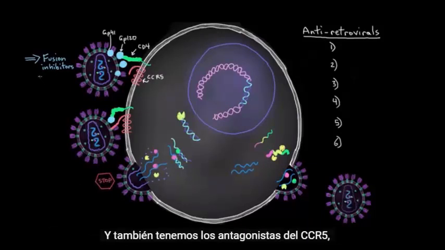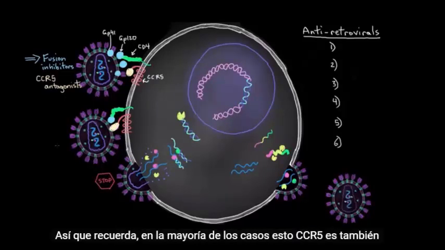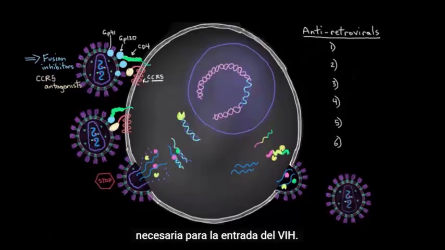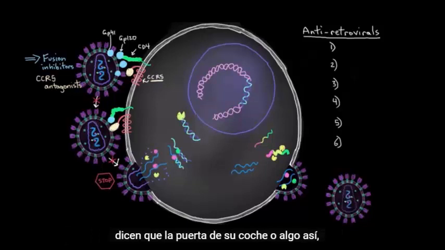And we also have CCR5 antagonists, which bind to the CCR5 protein here that sits beside this CD4 protein. So remember, in most cases, this CCR5 is also necessary for HIV entry. So now, all of a sudden, this HIV is going to have a really hard time entering our cells. It's kind of like gumming up a lock on, say, your car door or something like that.